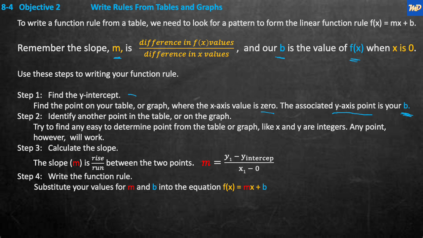Calculate the slope. The slope m is the rise over the run. Remember, rise is the change in y, or change in f of x, over the run, the change in x.